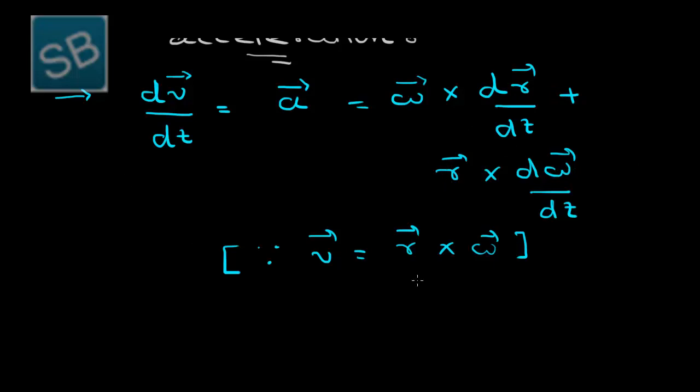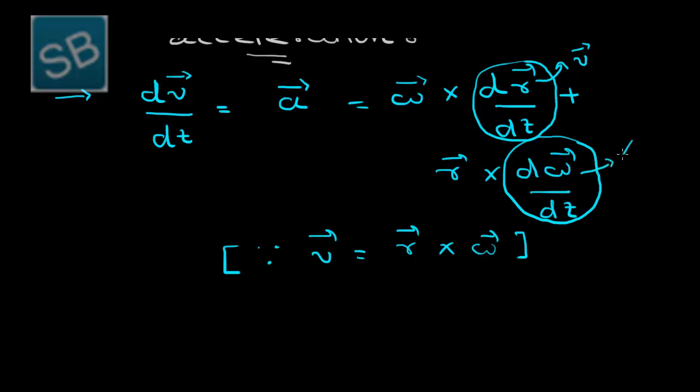So with this effect, the above relation has been arrived at. Now, if you remember, this is the rate of change of position with respect to time. So change in position, which is displacement, with respect to time is nothing but linear velocity. Similarly, the rate of change of angular velocity with respect to time is nothing but the angular acceleration alpha.